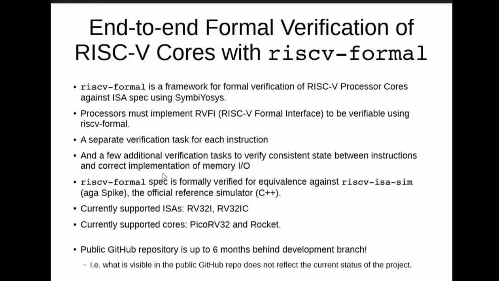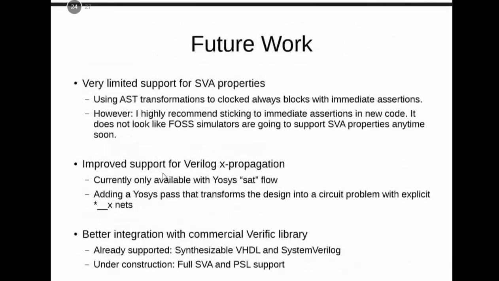You can go on GitHub and educate yourself a little bit about RISC-V Formal if this is something that interests you, or talk to me directly. Everything you see in GitHub is 6 months old because there is an exclusive use deal with one of the RISC-V companies.